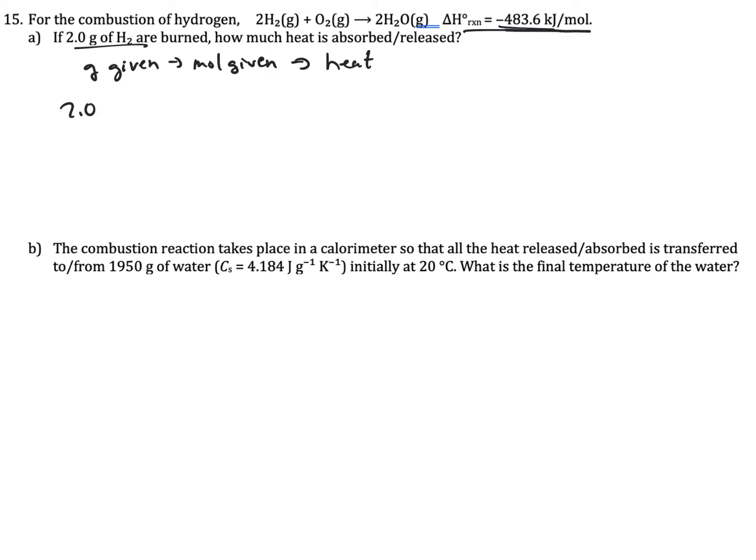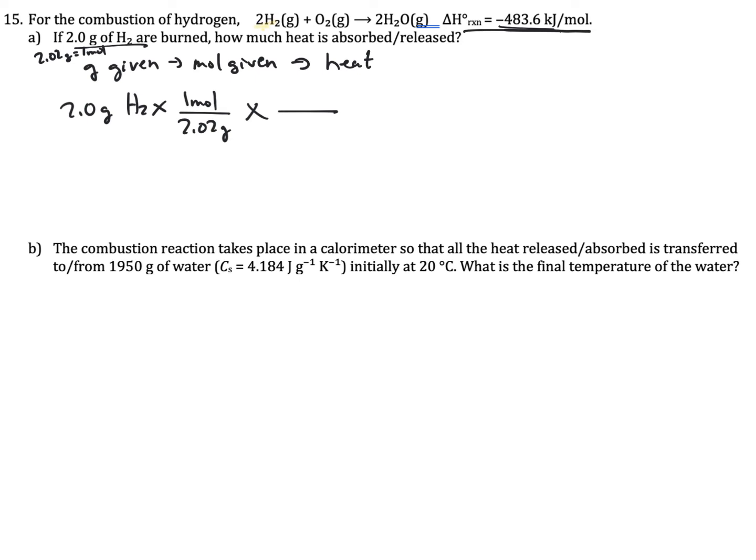So 2.0 grams H2 times, now we need the molar mass to do this conversion. So the molar mass here is 2.02 grams is equal to 1 mole. So I have grams, I want to get to moles, so times 1 mole over 2.02 grams times, now the conversion between moles and heat is given by the stoichiometry of the reaction.